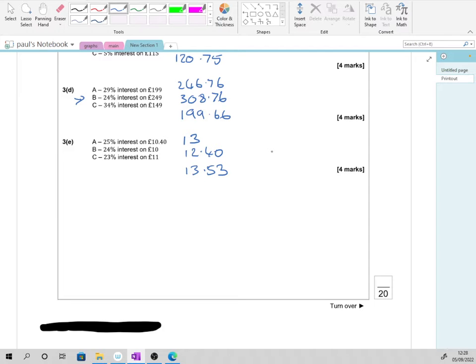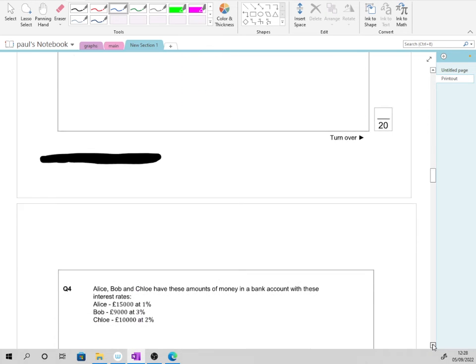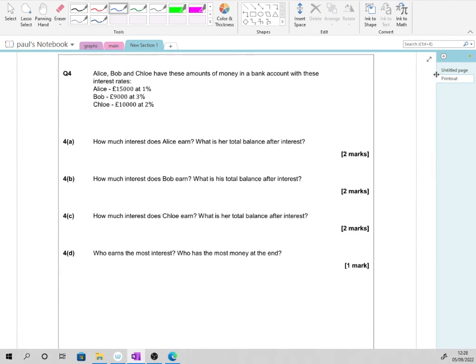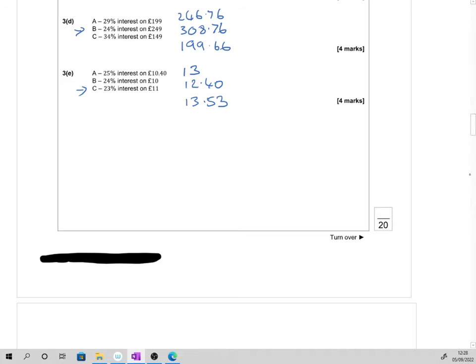So the one with the most money is C. Make it bigger so you can see what's going on.